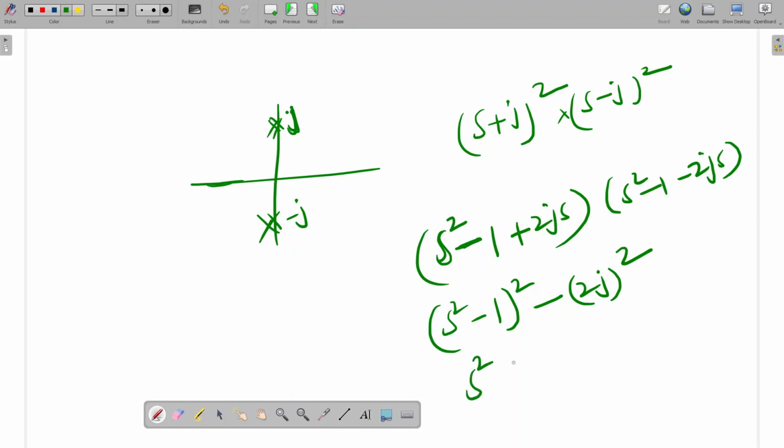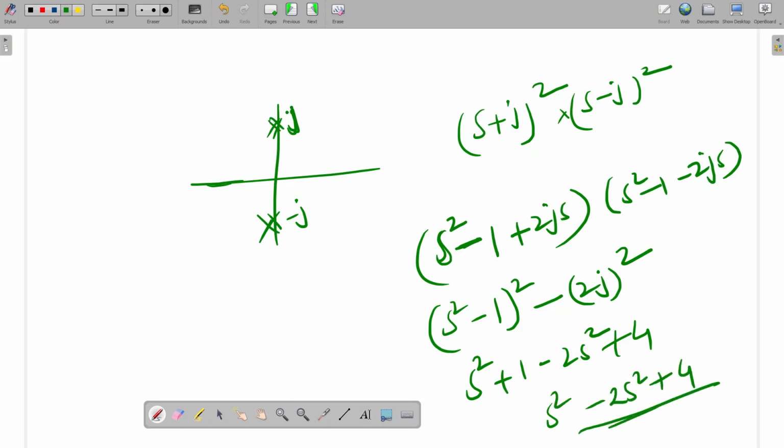So s to the four plus 1 minus 2s squared, and this will be plus 4. This will be k divided by s to the four minus 2s squared plus 4.